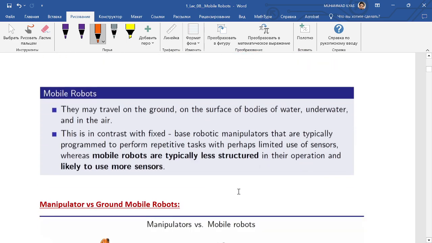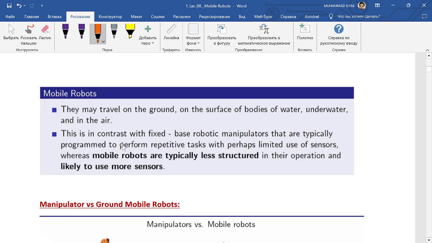Our focus today will be on mobile robots which can move on wheels. Especially in this class, we will study only wheeled mobile robots, but let us have a basic introduction of mobile robots in general. Mobile robots, depending on the type of locomotion, where locomotion means the type of motion they have, can travel on the ground or the surface of the water, or maybe underwater or in air.